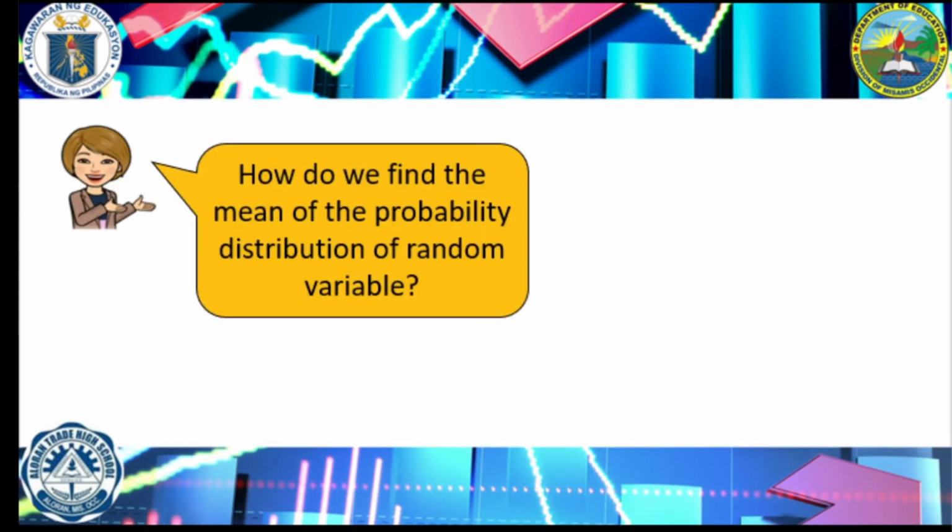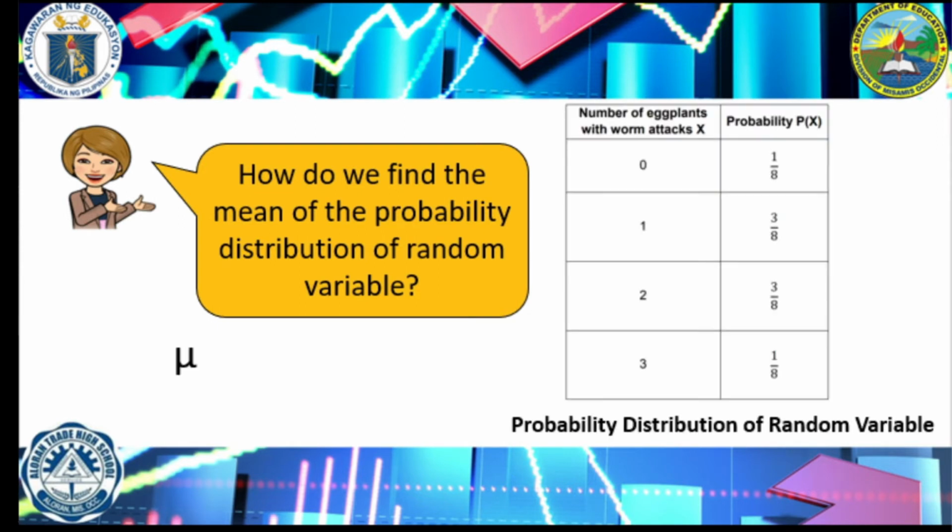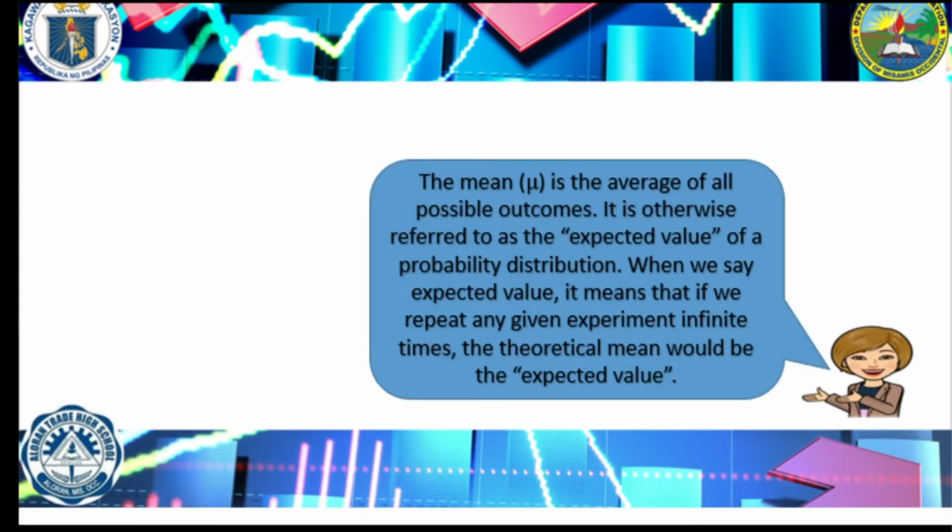Next, how do we find the mean of the probability distribution of a random variable? We use the same table and we're looking for the mu, or the population mean. How are we going to do that? The mean is the average of all possible outcomes.